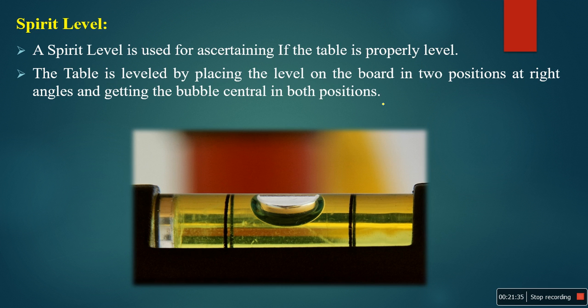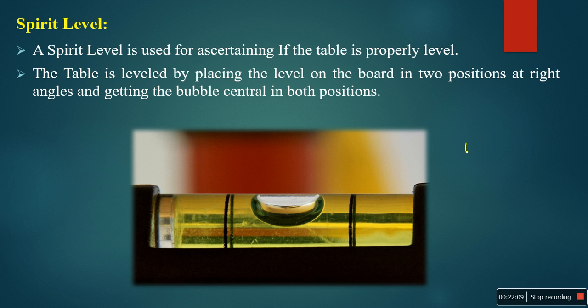Next one is the spirit level. As you know, we already studied this in the leveling instrument. This is mainly used for ascertaining that the plane table is properly level. This is the main intention of using the spirit level. For leveling up our plane table, you have to keep this level bubble tube or spirit level on any two edges of the plane table.